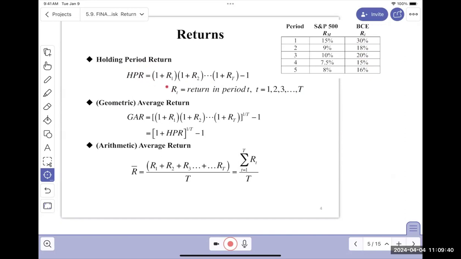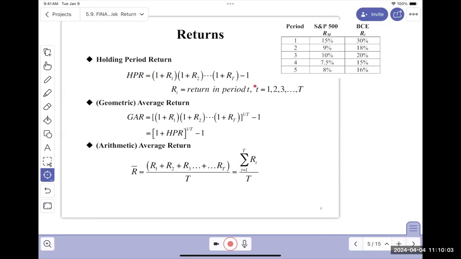Just for a moment, let's look at the holding period return. This should look familiar. I'm just multiplying accumulation factors together, and notice the returns change. It's not exactly like what we did with interest rate conversions, but it should feel familiar. The returns are changing over time.